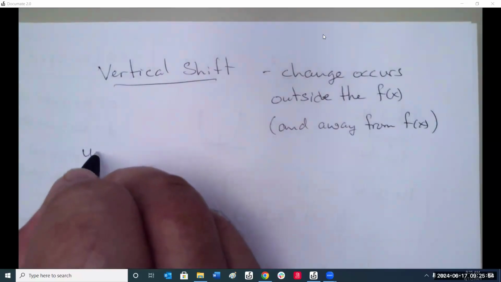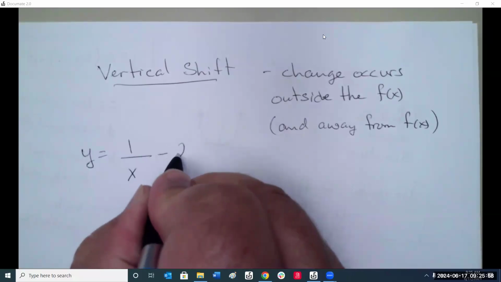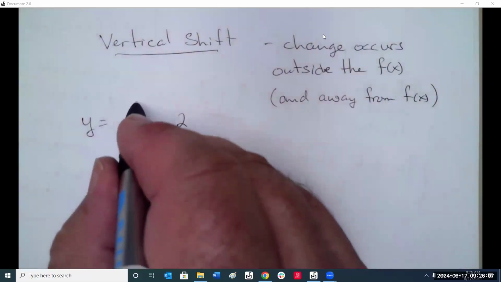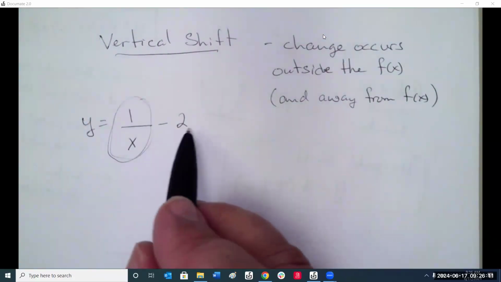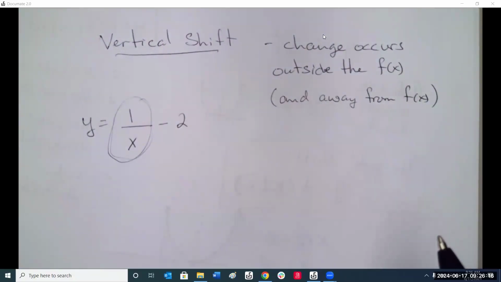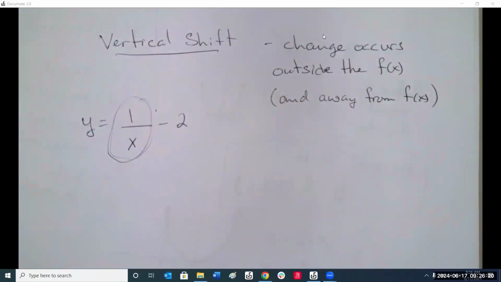For example, like that example. Here's the function. This happens away from it, outside the function. So it's a vertical shift. The horizontal shift is always opposite since it's inside the parentheses. The vertical shift is what it is.